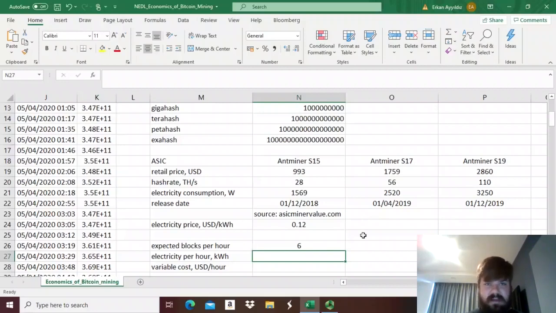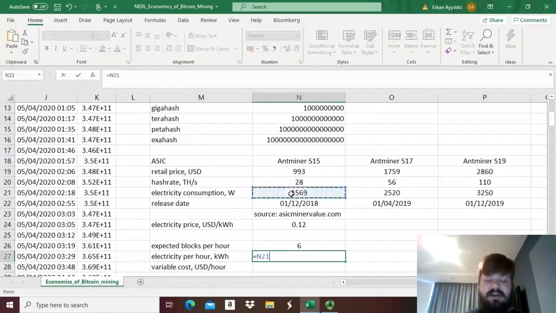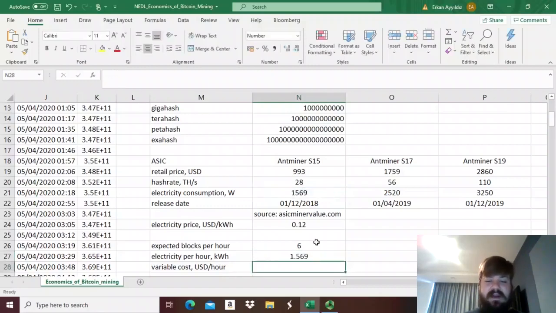Because our time frame is 1 hour here, and this is in kilowatt hours, and this is in watts, we can just divide electricity consumption of every single ASIC by 1000 and get electricity per hour for each of them.